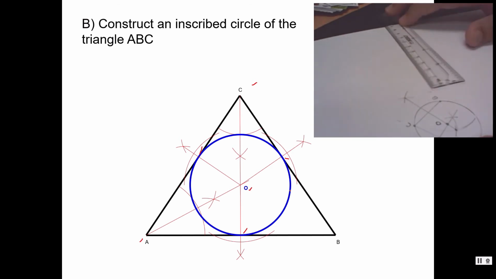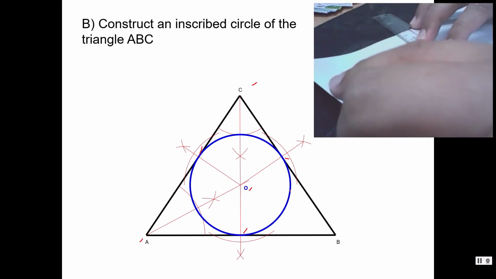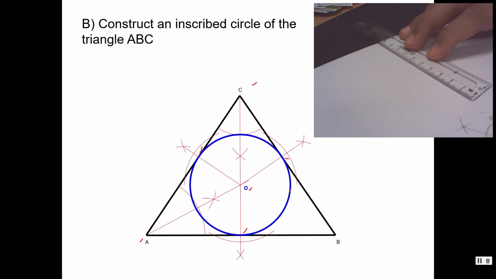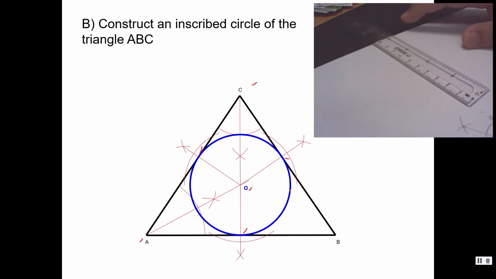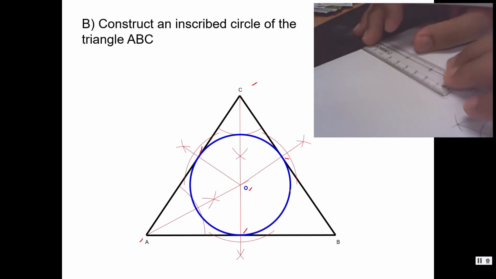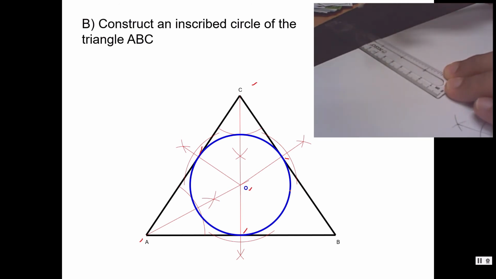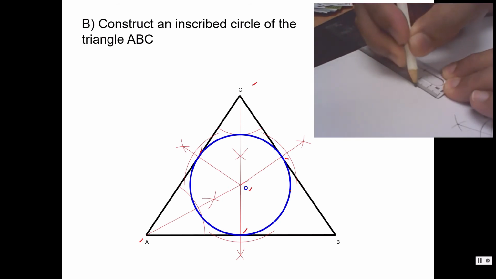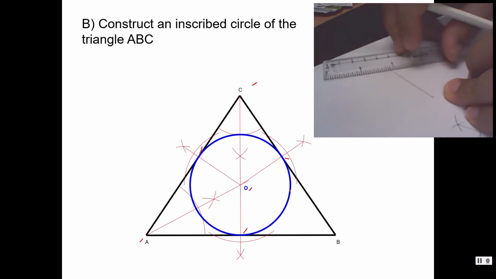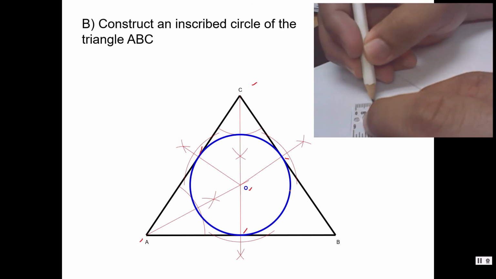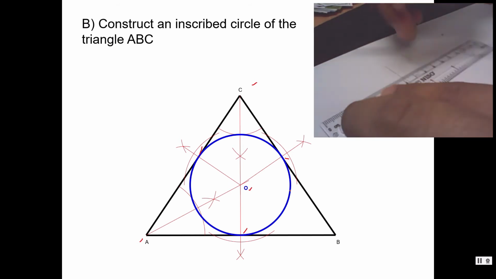Okay, so for this one, it is an equal-angle triangle. So that means that the distance should be the same. Let's say you're going to draw 5, 5.